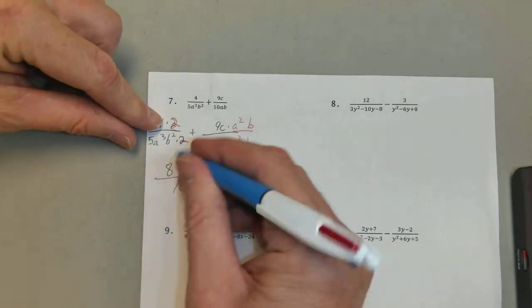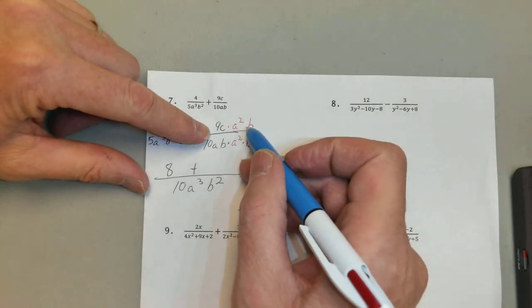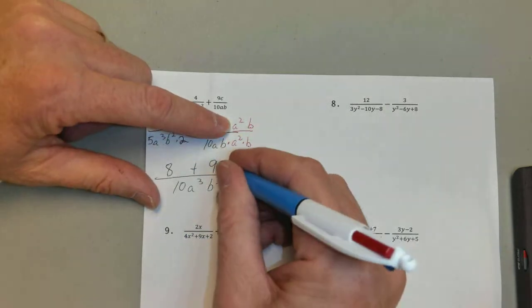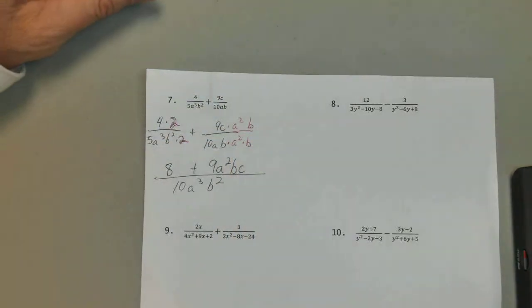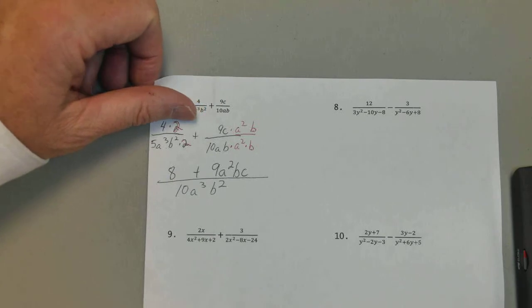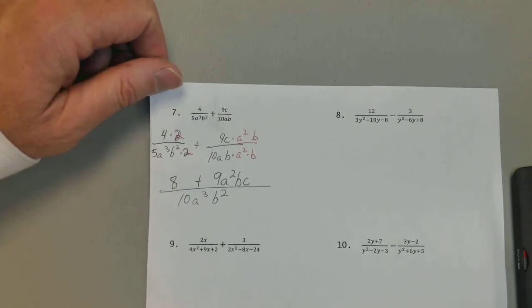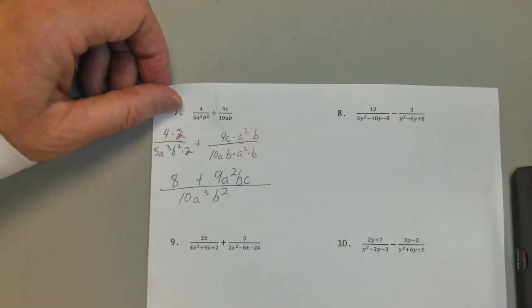The top, this is 8 plus 9, let me write the a first, a squared, b second, 9a squared bc over 10a cubed b squared. You've got to have a common denominator for addition and subtraction.